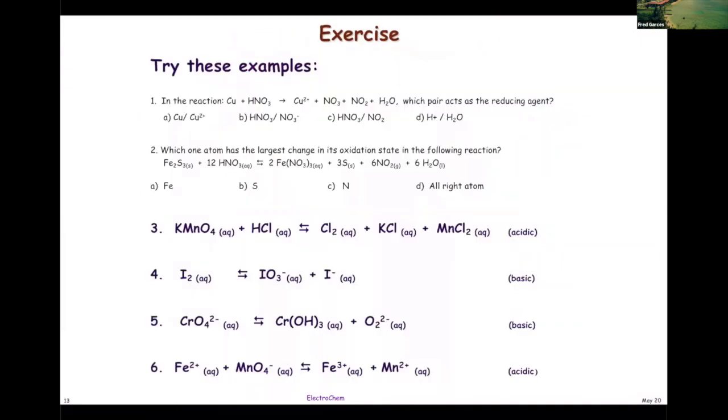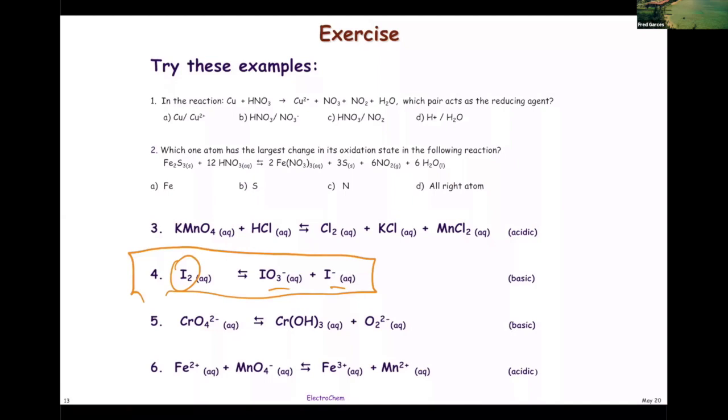The problem is where to start. Take this example right here. You've got iodine producing these 2. And the question is, I know I have to have an oxidation reaction. I know I have to have a reduction reaction, but I only have 1 reactant. Where do I start? You have to remember that in a chemical reaction, you don't have 1 molecule of I2.